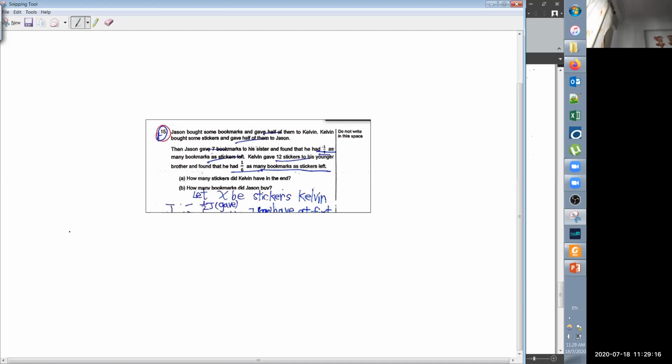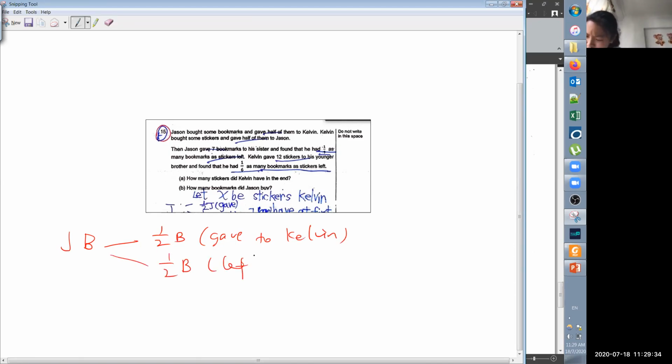Jason, bookmark. So start with B, and then half B gave to who? Gave to Kevin. So half B left. And then Jason also has stickers, I guess.